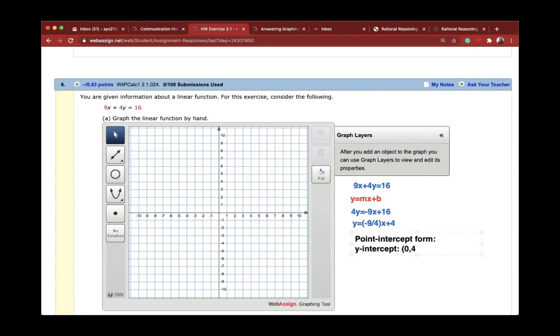And that's 4. And then we also know what our constant rate of change is, which is negative 9/4.